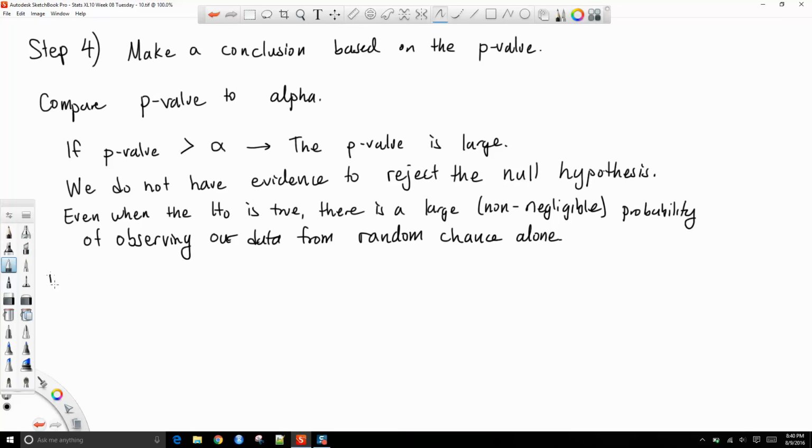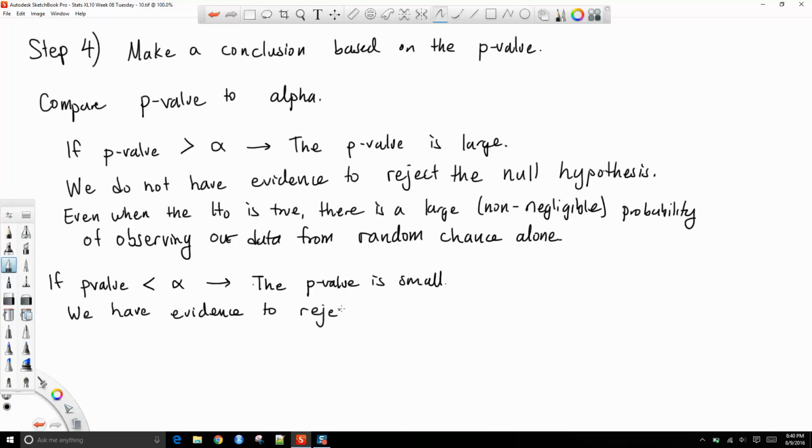Or if the p-value is less than alpha, then the p-value is small. And then we would say we have evidence to reject the null hypothesis.